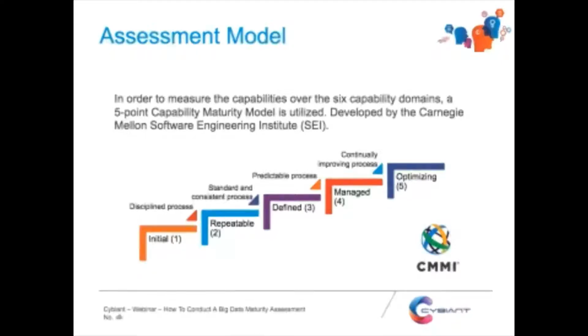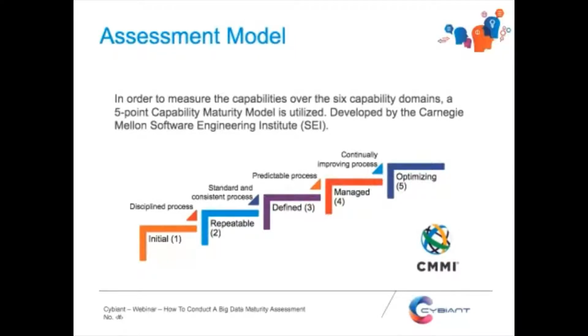CMMI is a 5-point capability measurement model, which measures based upon 5 particular steps. Why 5? It makes it addressable and containable.